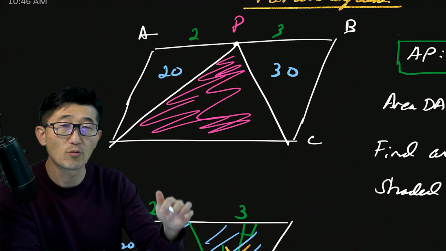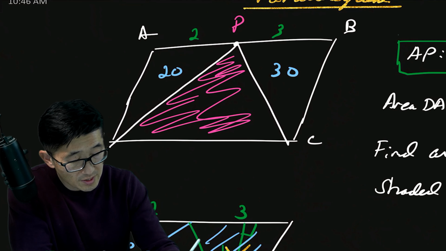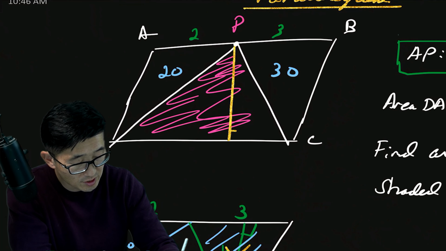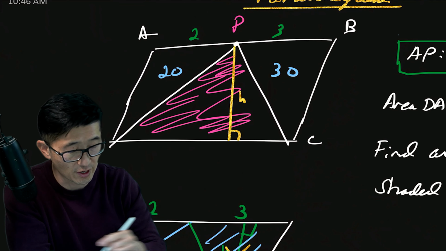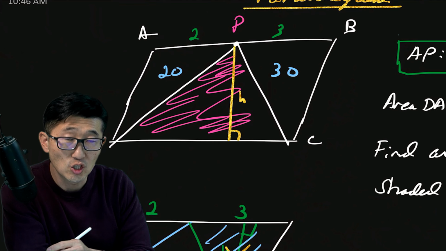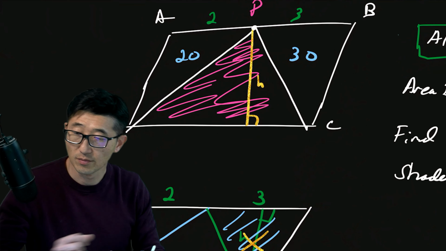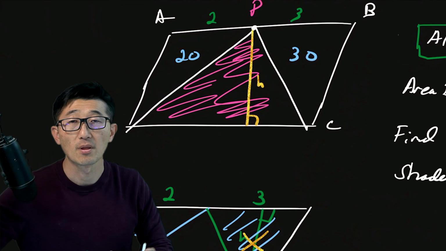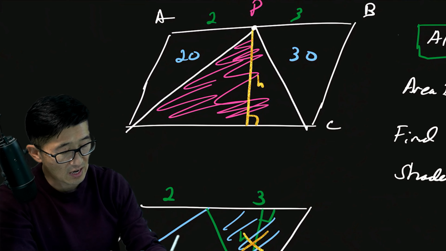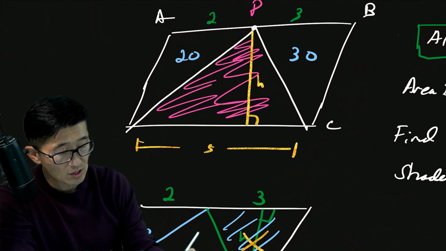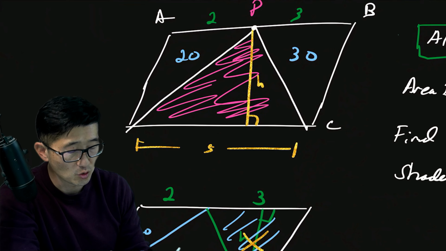But the real question is, how do we find the area of this triangle here? Well, notice that this triangle also shares the same height as this triangle here and that triangle over there. So the ratio of the sides must be the ratio of their areas. So the bottom, notice, if it's 2 to 3, then this right here would be 5. So the ratio of the triangle from here to here will be 2 to 5.